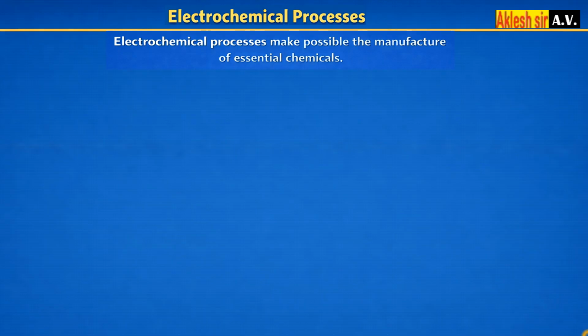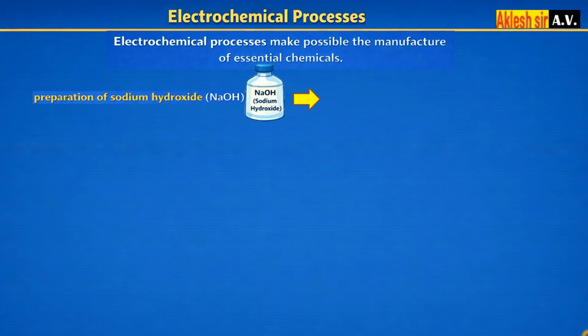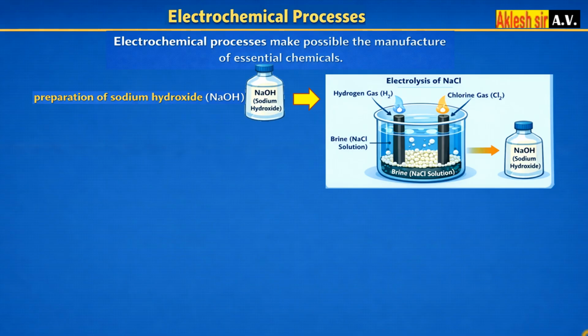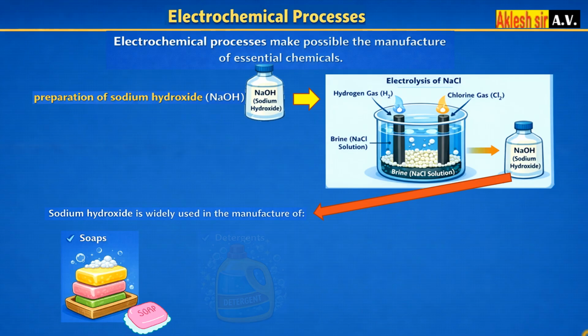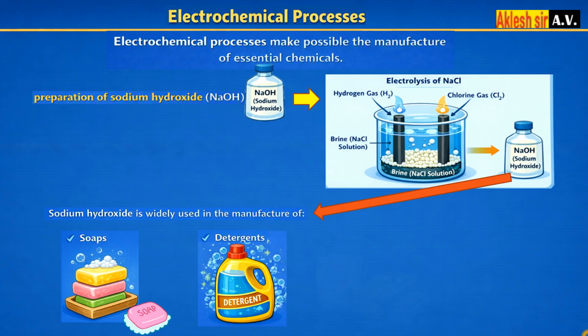Application of electrochemical process. Electrochemical process makes possible the manufacture of essential chemicals, such as preparation of NaOH by electrolysis of NaCl, which is widely used in the manufacture of soaps, detergents and paper.